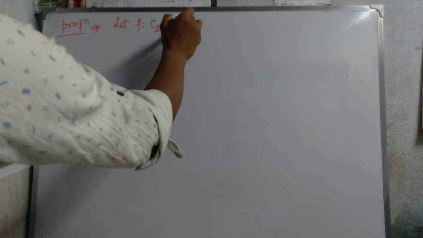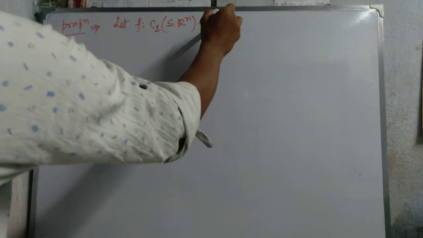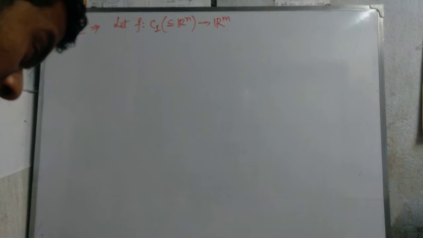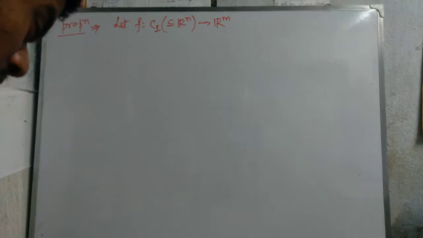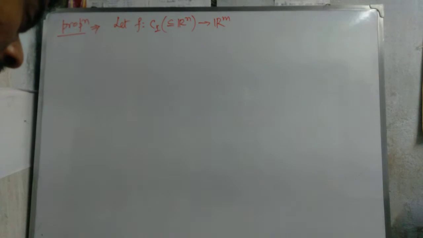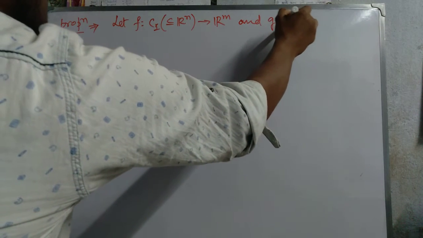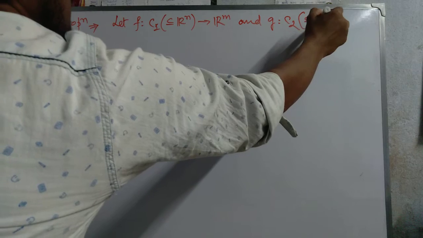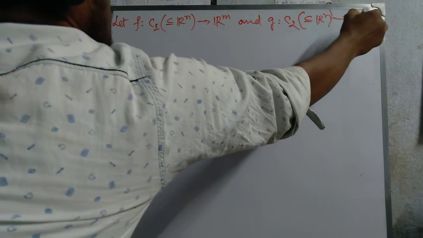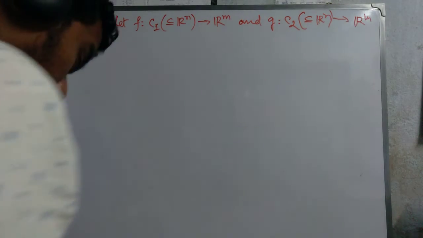Now let f from C1 subset of Rn to Rm and g from C2 subset of Rn to Rm be two functions.